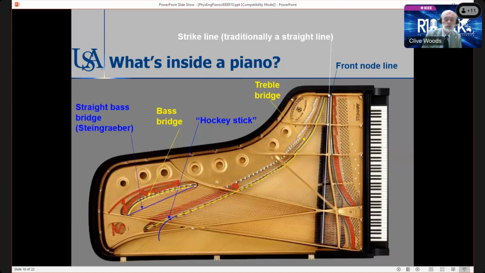And there are other approaches. Steingraeber, for example, a German manufacturer, makes the bass bridge completely straight, and then the notes change their sound very much more gradually, but the notes in the middle of the bass bridge are not as resonant as you might expect.